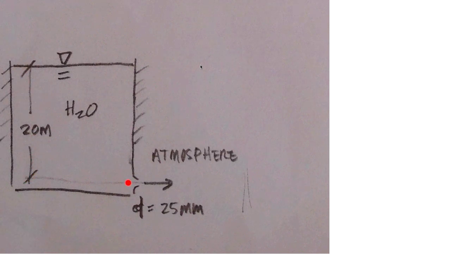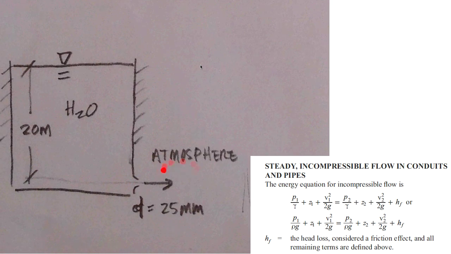So what is the pressure right there? Well, we know the pressure is going to be whatever the atmospheric pressure is plus the pressure that is applied by being 20 meters deep into this tank. And out here, we have just the atmospheric pressure.